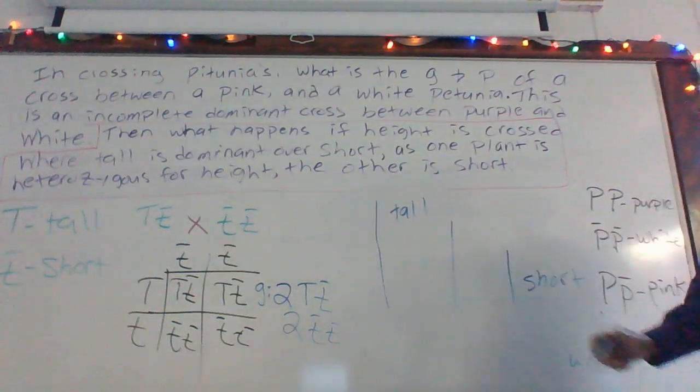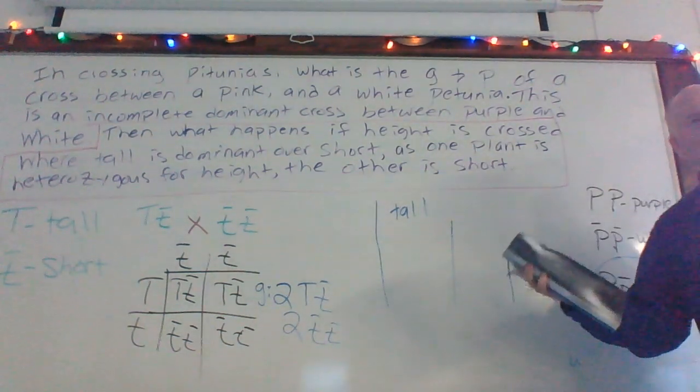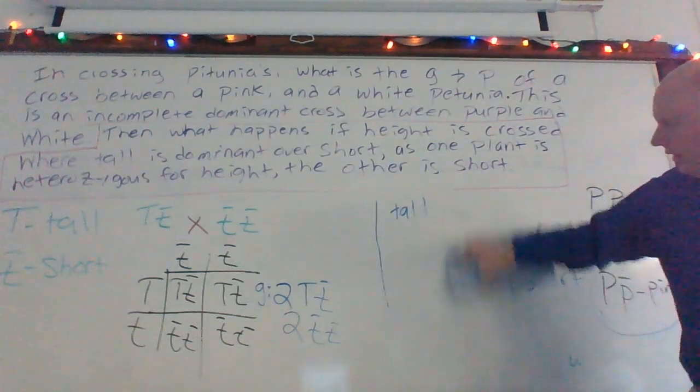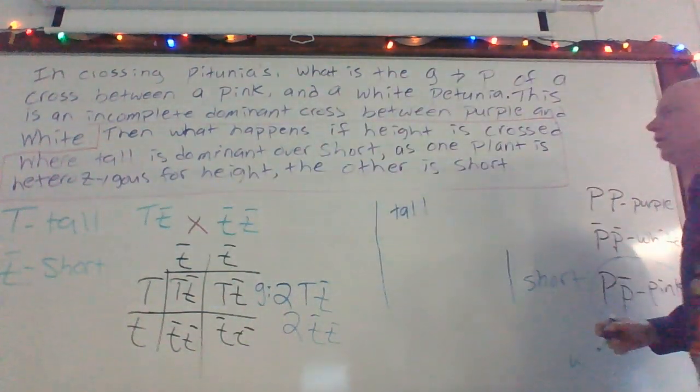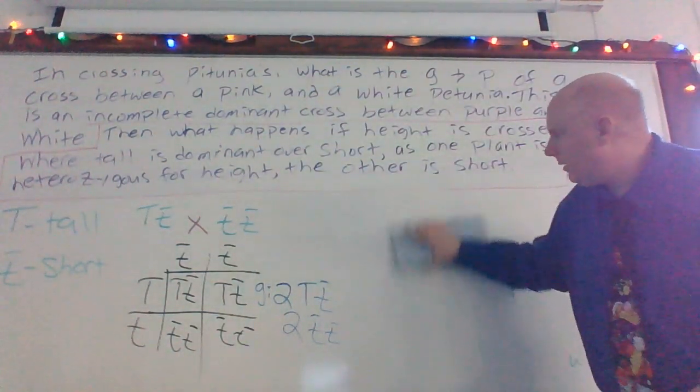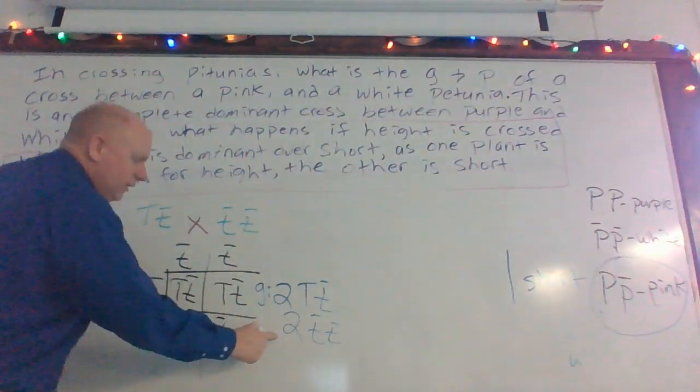A medium. You get something in between, just like what we do here. This is incomplete dominant cross, where this is something in between. But that is not the case when it comes to height, because it says that tall is dominant over short. So, our genetic makeup then says two like this, two like this.